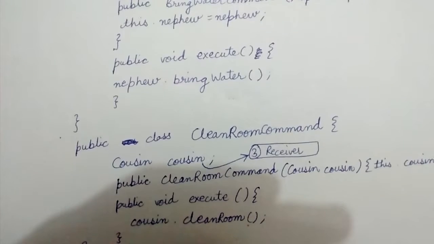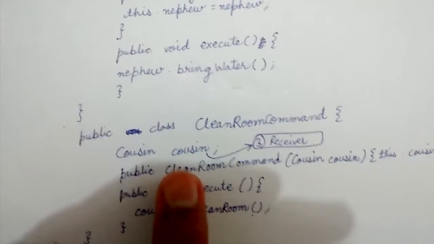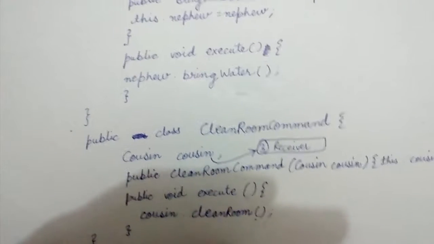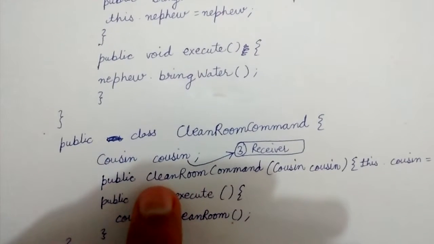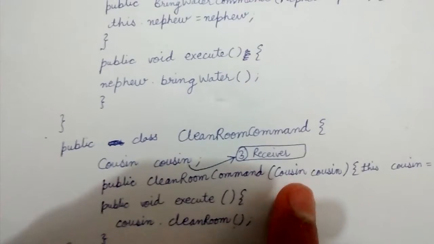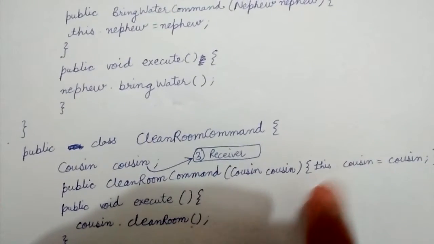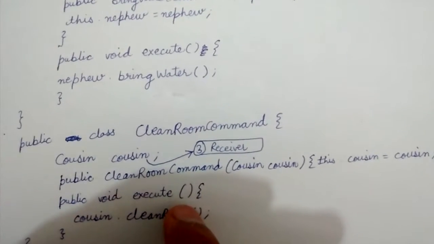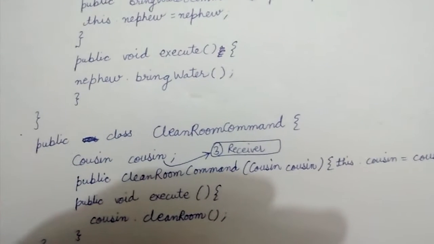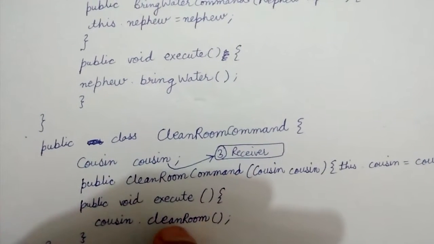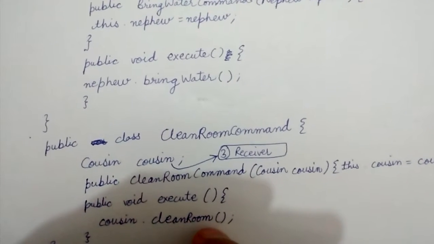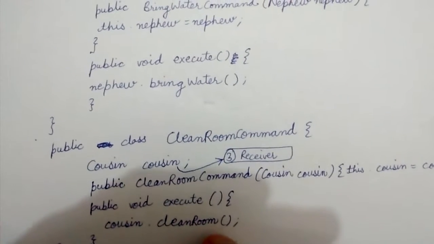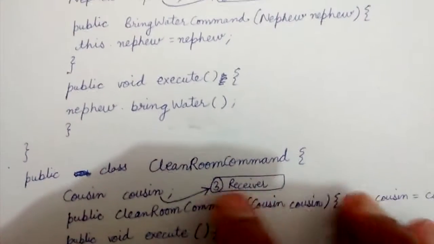This is a cousin reference, and this is the clean room command's constructor, a simple constructor, as you can see, and this is the execute method in which we are calling the cousin's clean room method, the actual business method. Okay, so now I hope the third module, the receiver, is also clear.